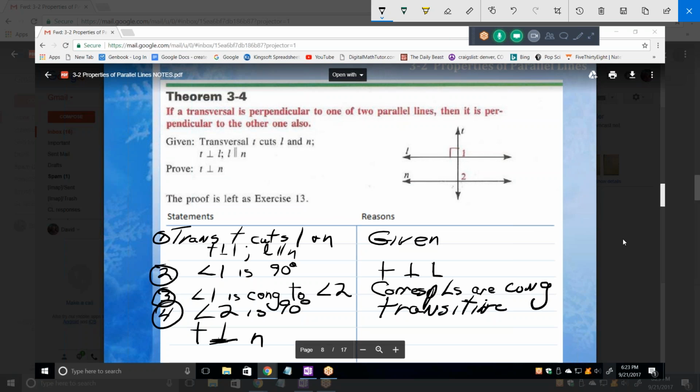And I can think of the steps that I might be missing. Yeah, the row I left out that probably needs to be in here is angle 1 is congruent to angle 2, which means the measurement of angle 1 is equal to the measurement of angle 2, definition of congruency. Let me put that in there. I got room.